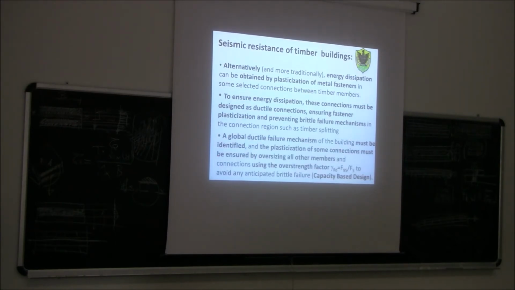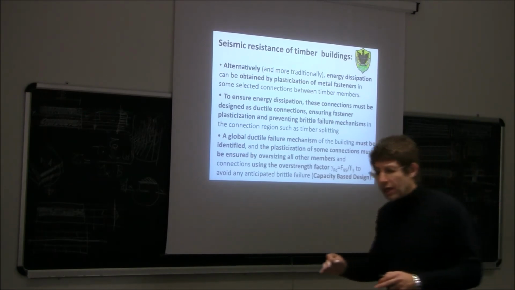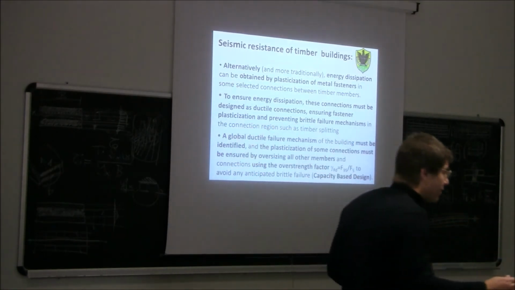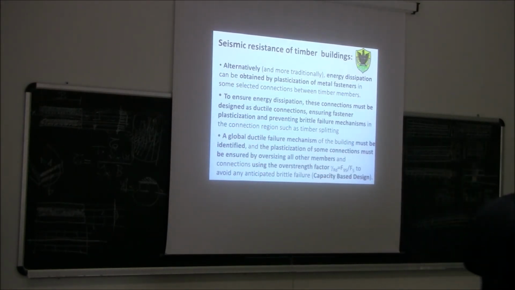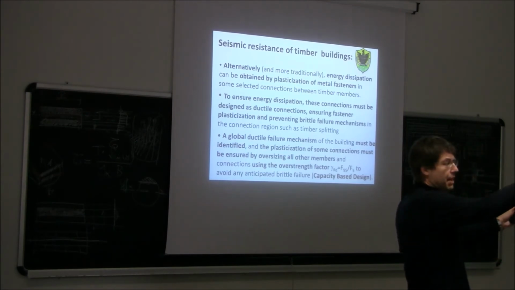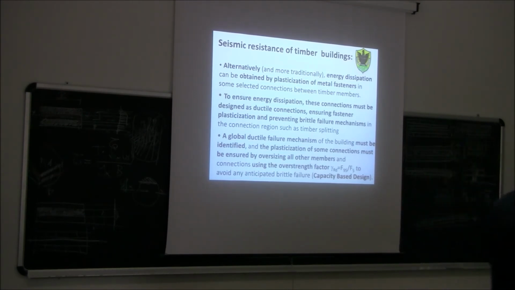I will also have to do, like you did for your frame, reinforced concrete design, think about what kind of global plastic behavior I can achieve on the structure. So it's not only a matter of saying, okay, I have a number of joints and I design all of them as ductile. I need to control that the global behavior of the structure will behave as ductile.